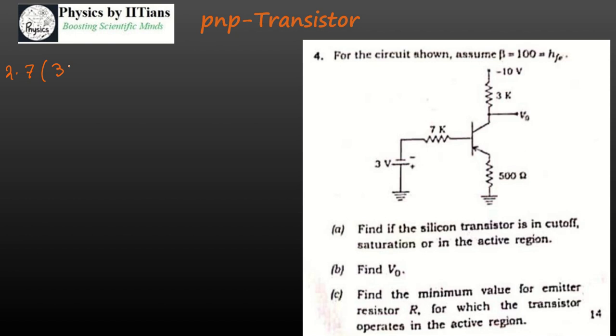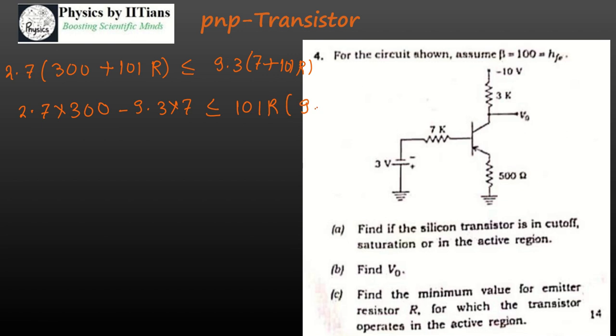So this is 2.7 times 300 plus 101 times R, and it should be less than or equal to 9.3 times 7 plus 101 R. Now what we can do, we can take the terms containing R to one side and the terms not containing R to the other side, and by doing that we will get 2.7 times 300 minus 9.3 times 7 should be less than or equal to 101R, I am taking it outside, times 9.3 minus 2.7.